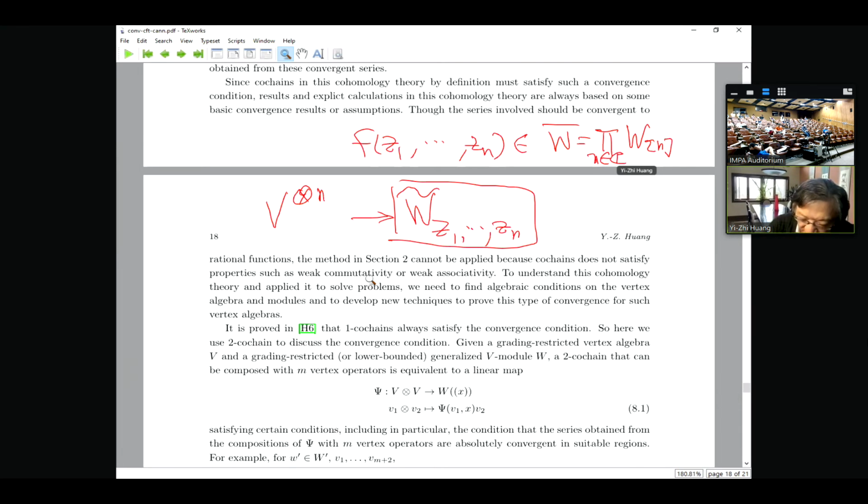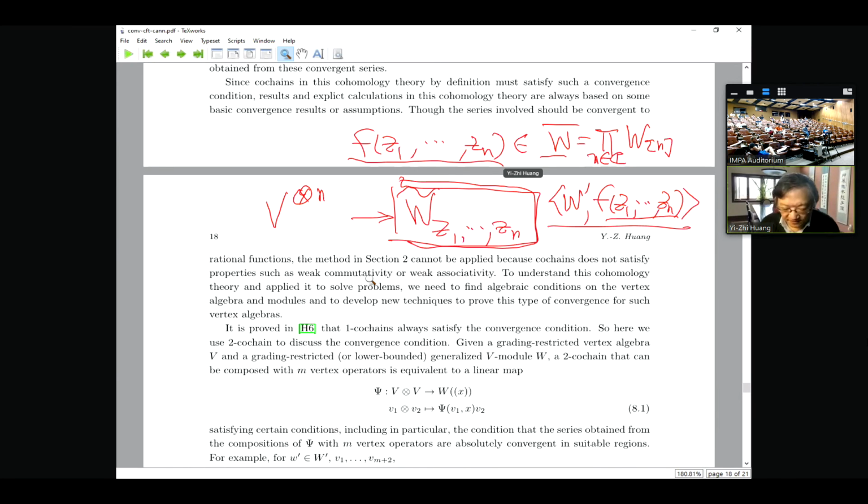So we have to consider functions valued here such that if you take any w prime in the graded dual, then the pairing with F is a rational function in z1 to zn. So this is the space, consisting of all these F.